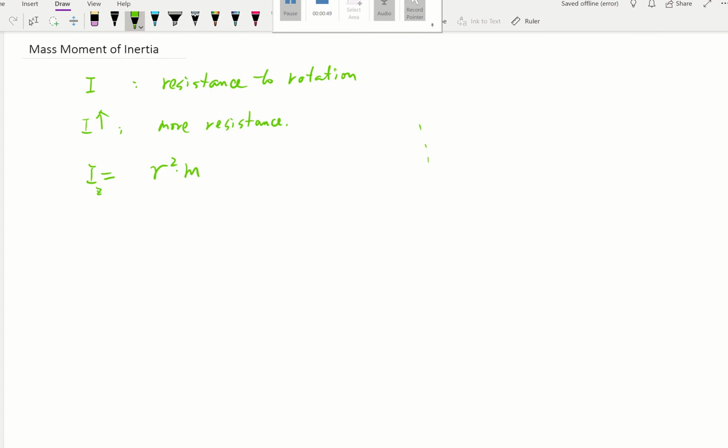If this is our z-axis, and you have this mass right here, and the distance from the mass to the z-axis is r, then it is r squared times m. So the SI unit for mass moment of inertia is distance, meter squared, because that's r squared, times the mass, kilogram. So it's meter squared kilogram.